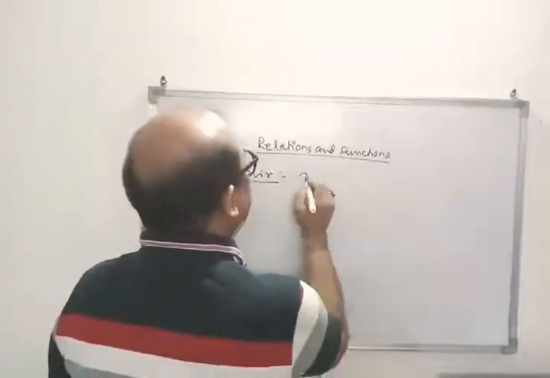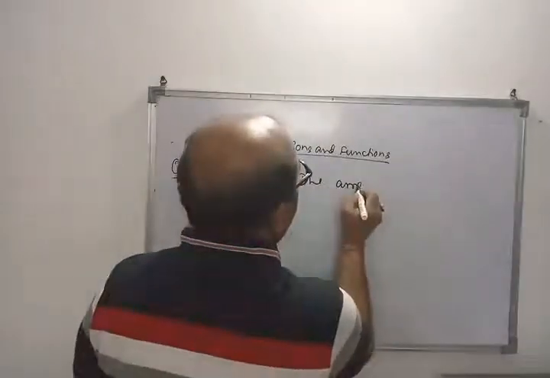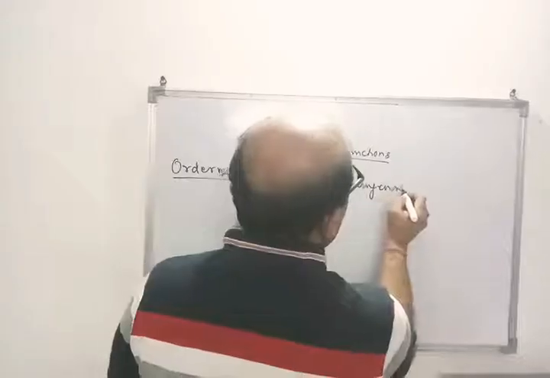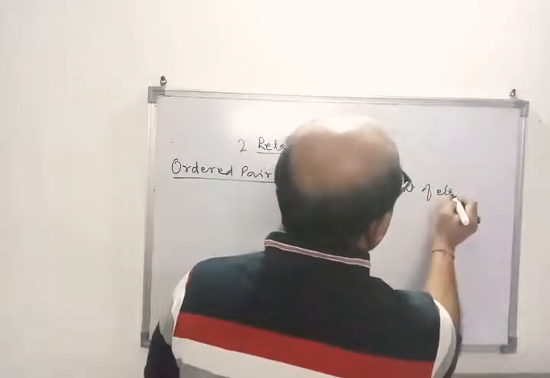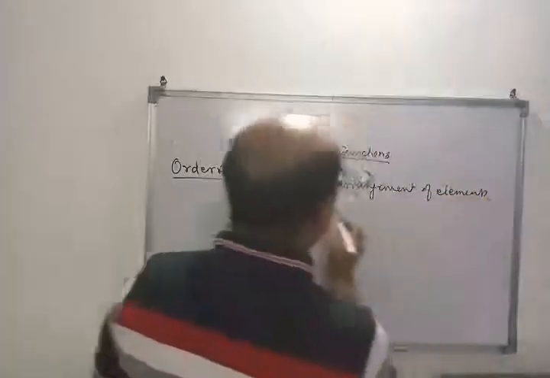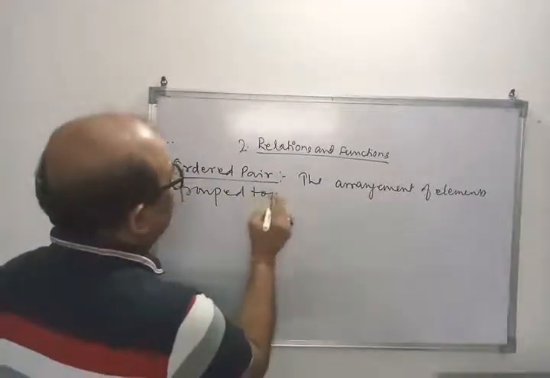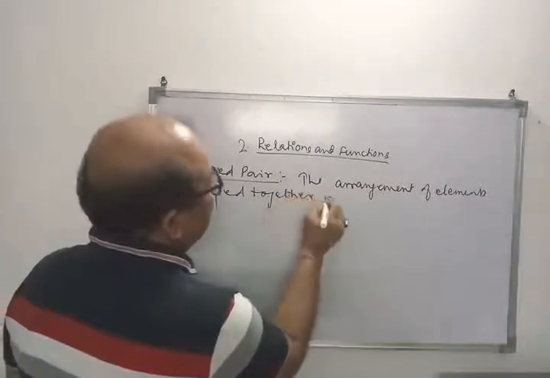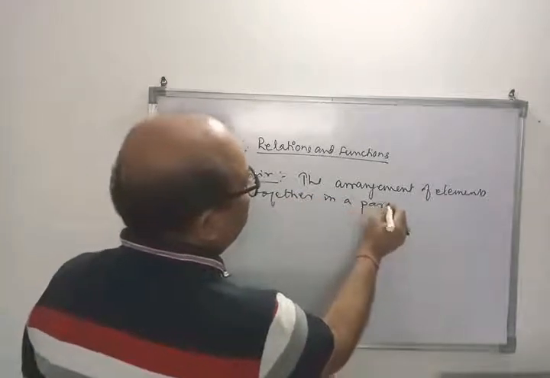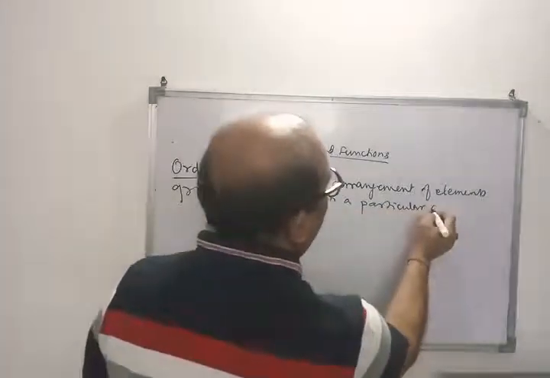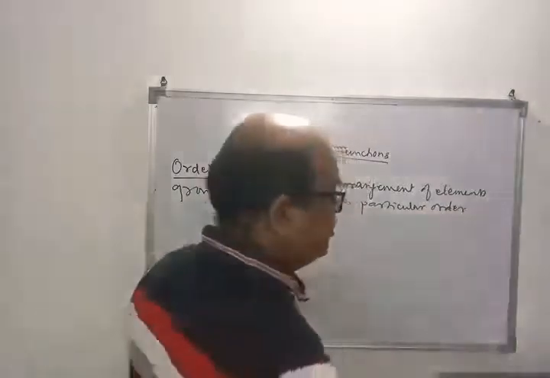So the arrangement of elements grouped together in a particular order is called an ordered pair.